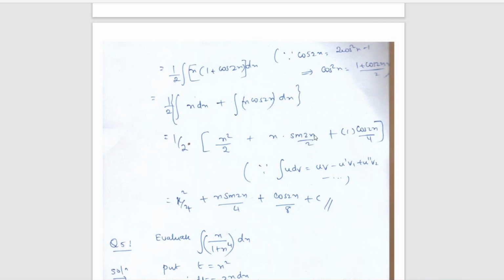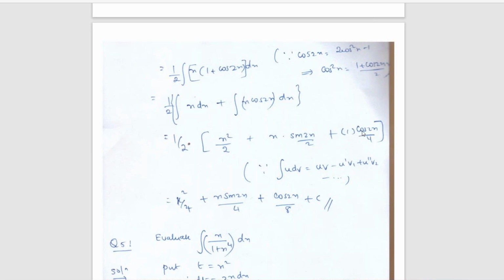So uv is over; minus is in the formula, so write minus here. U dash means I have to differentiate u. My u is x, so differentiating x with respect to x gives 1. What is v1? V1 is integral v. So I need to integrate this. Already we have 1 by 2. If you integrate sin 2x, you get minus cos 2x. Already we have minus in the formula, so it becomes plus.